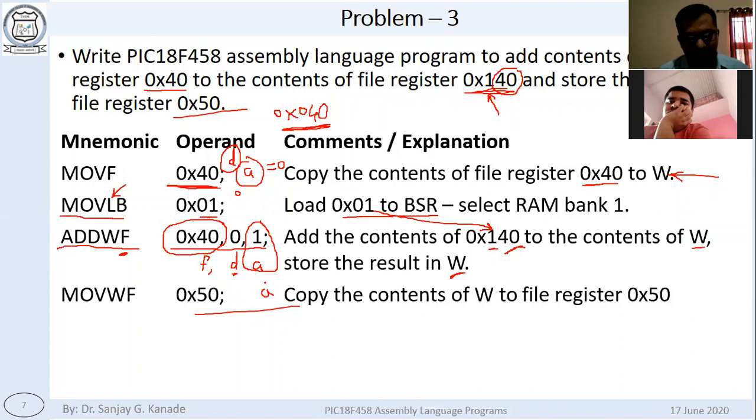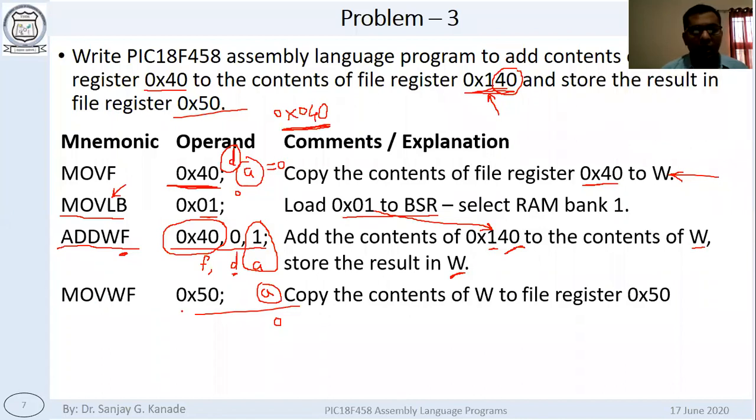By default, A is equal to 0. MOVWF involves F comma A. There is no D in this instruction. F comma A. So F is 50, A is 0, so it is part of the access bank. So the contents of W will be copied to 0x50 this way.